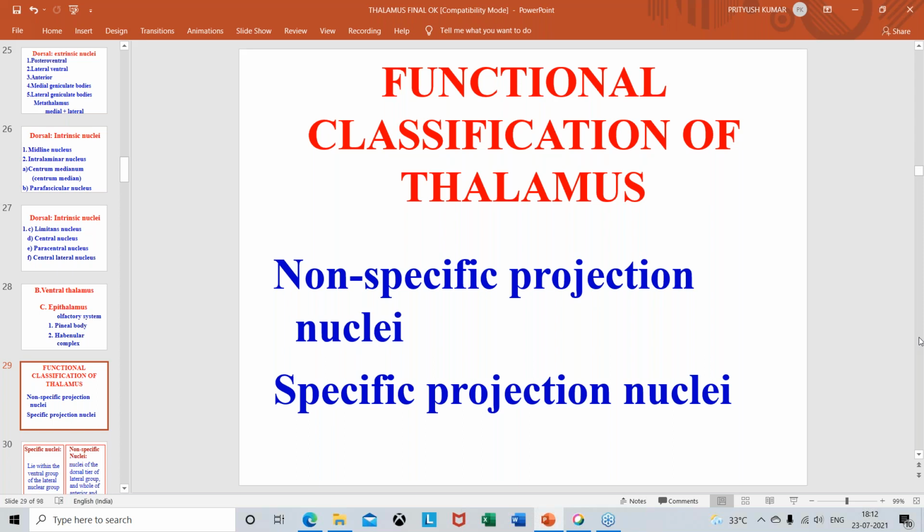So we have the functional classification. Till now we have discussed two classifications: one is the anatomy, second is on the basis of development, and the third one is the functional classification.